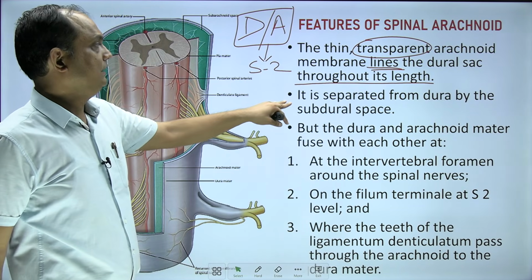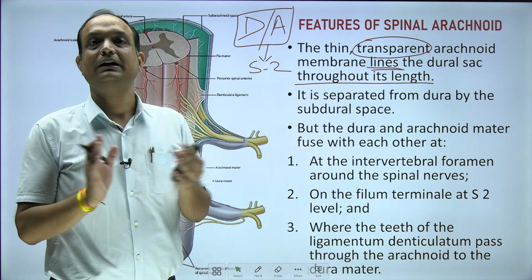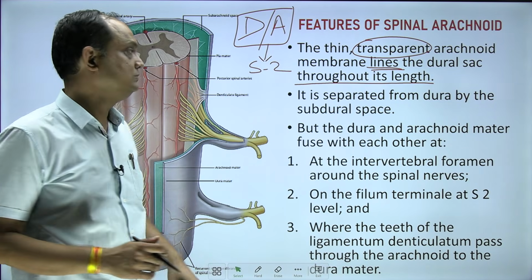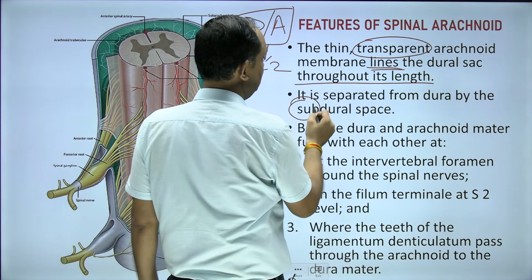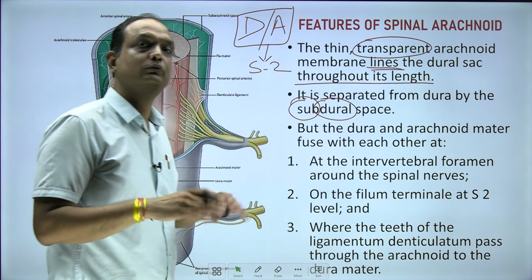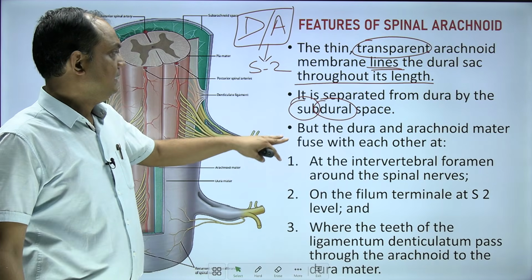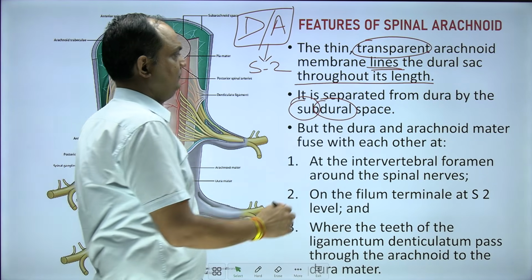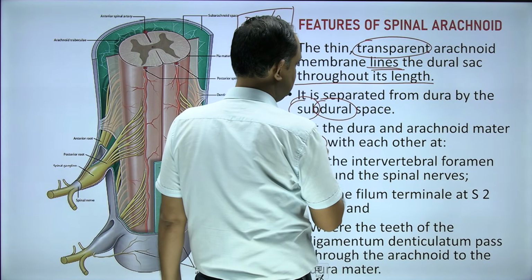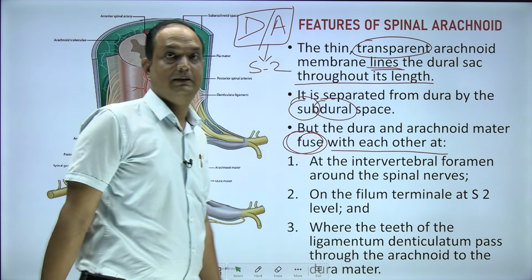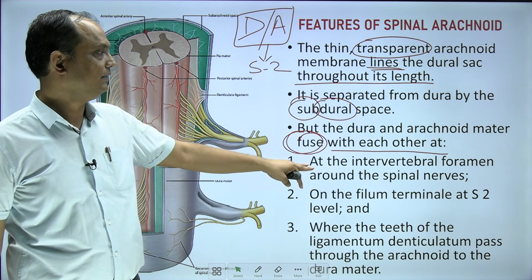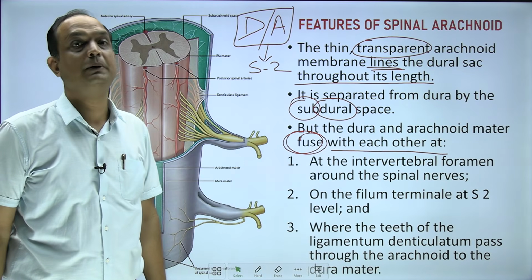But the dura and arachnoid mater are separated by a space known as the subdural space. It is a space outside the arachnoid mater but on the inner side of the dura. There are some places where dura and arachnoid mater fuse with each other. What are these places? The first place is at the intervertebral foramen around the spinal nerves.